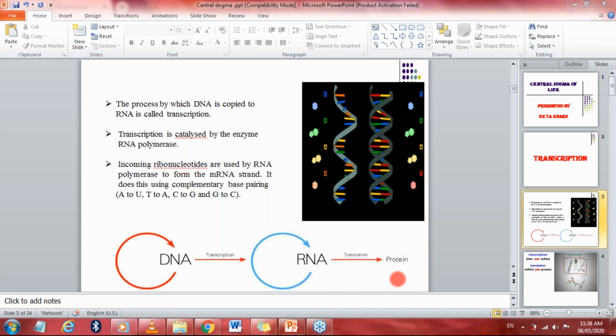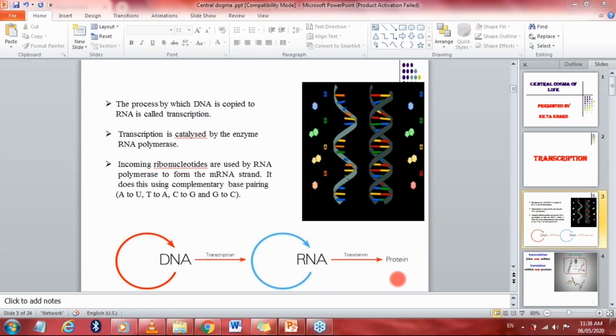Don't forget, in DNA replication I told you to learn four enzyme names. If you learn those four enzymes and their roles, then only you will be able to write about DNA replication.